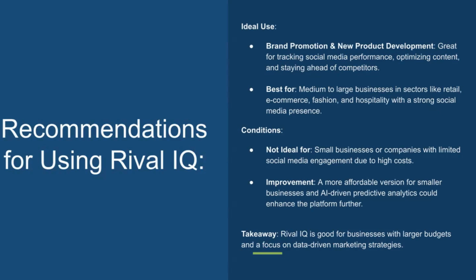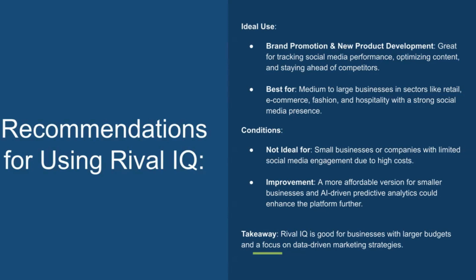If you're just starting out with your social media, I would wait until your profile is a little more engaging to use this platform and put the money elsewhere until you get to that level. Again, it's not ideal for small businesses, just due to cost.